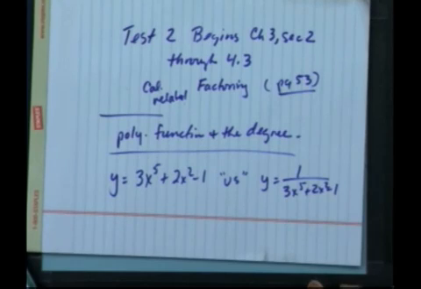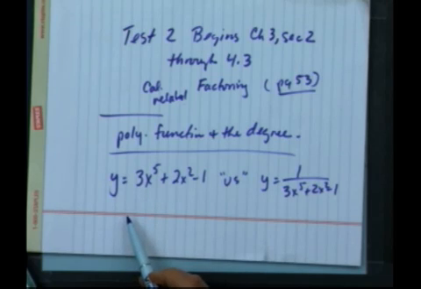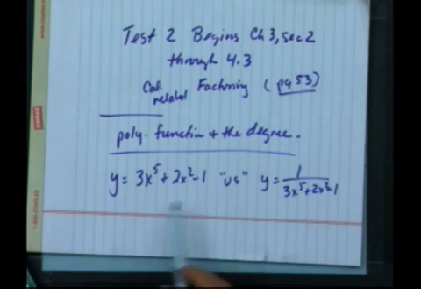Oh, I'm sorry. Which one's a polynomial function? The second one. What makes a polynomial function? The degree on top has to be less than the degree on bottom. You're on rational functions. Non-negative integer exponents.